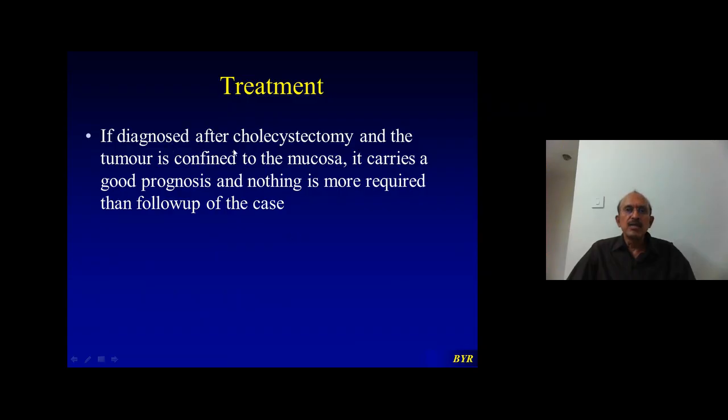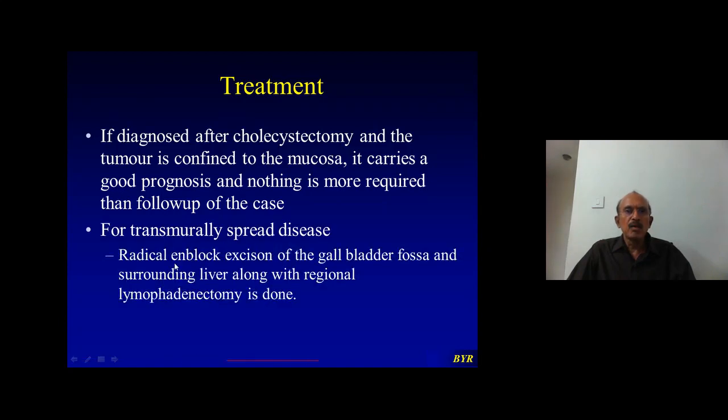If the disease is diagnosed after cholecystectomy and the tumor is confined to the mucosa, it carries a good prognosis and nothing more is required than follow-up of the case. For transmural spread disease, you have to plan for radical en bloc excision of the gallbladder fossa and surrounding liver, along with regional lymphadenectomy.